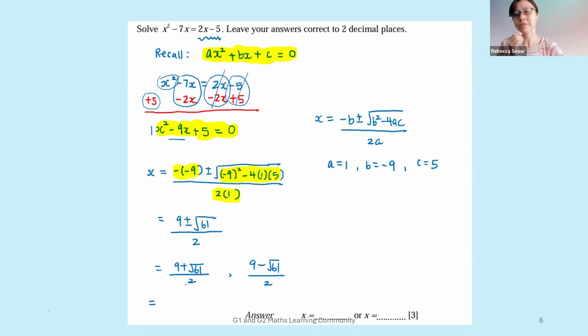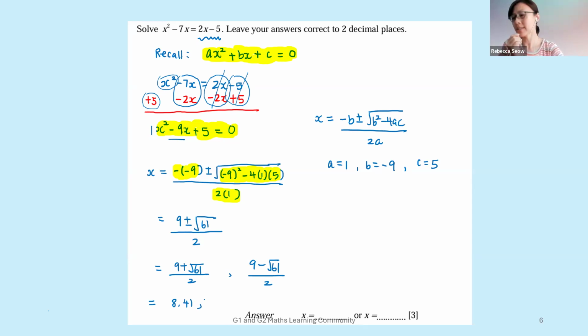Okay, I ended up for the first solution with 8.4051244838. So up to 2 decimal places, 8.41. And for the second solution, I have 0.594875162.